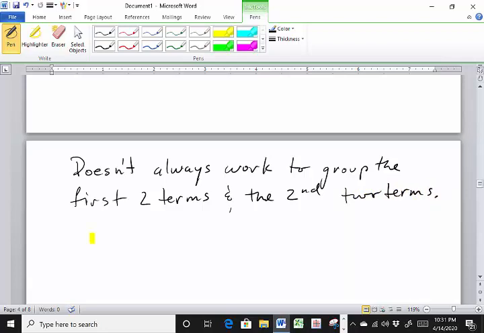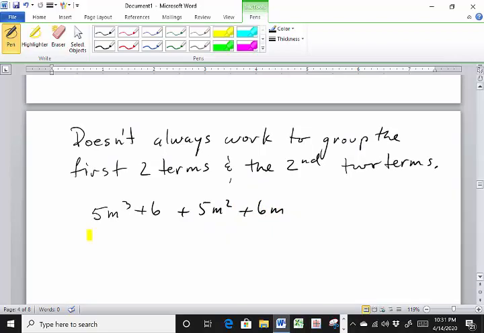Let's say we have 5m cubed plus, excuse me, plus 5m squared plus 6m. Well, if you say, I'm going to group these two and these two, is there a common factor between 5 and 6? No, that doesn't work. So I just have to do some rearranging.